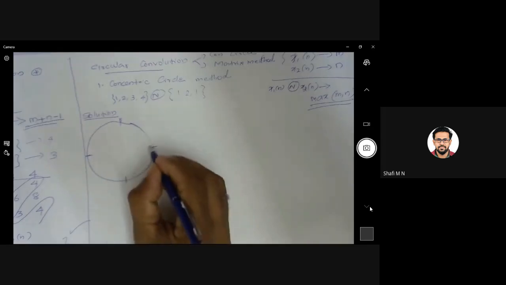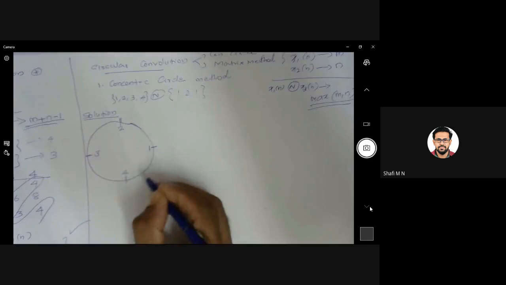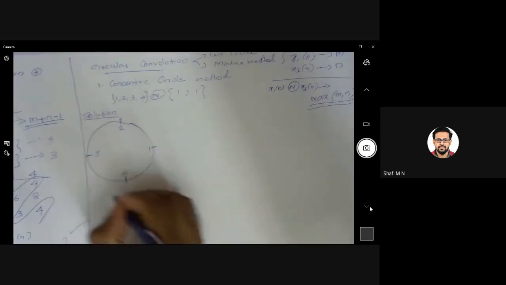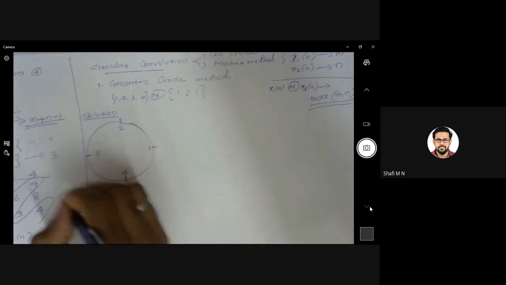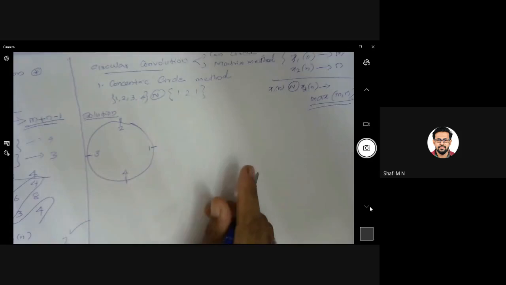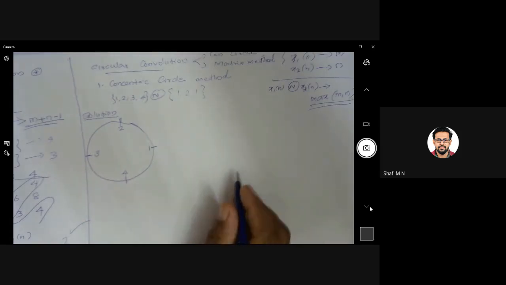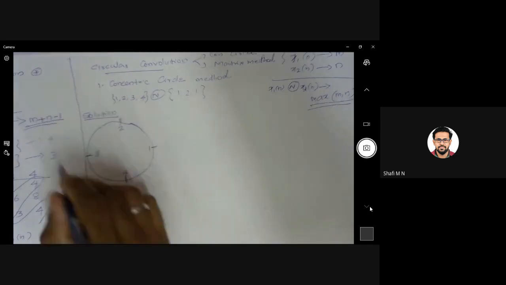This is the first element, second element, third element, and fourth element. Just focus on the direction: outer circle, counterclockwise or anti-clockwise direction. This is what we have seen in the circular representation of a sequence.